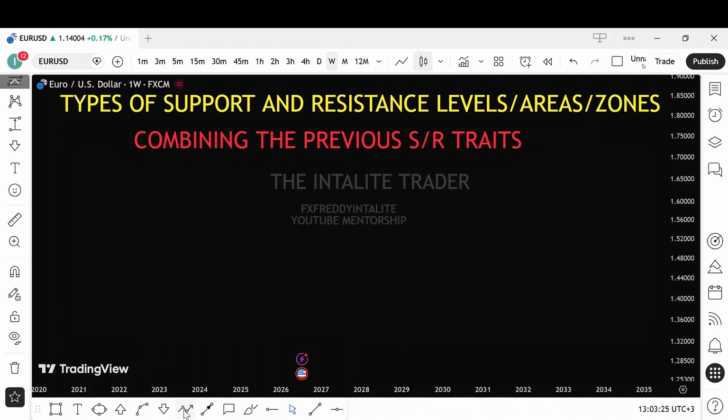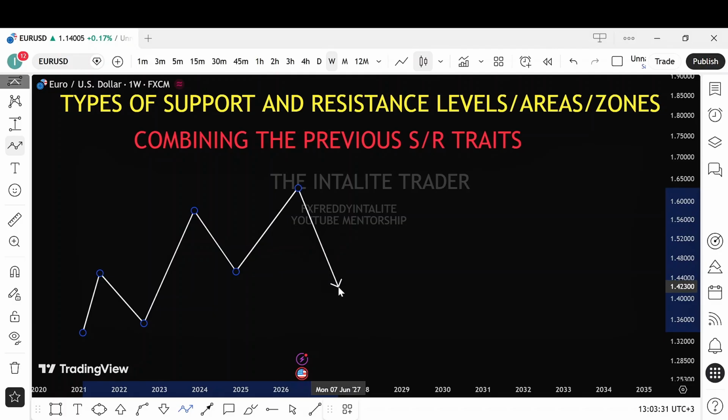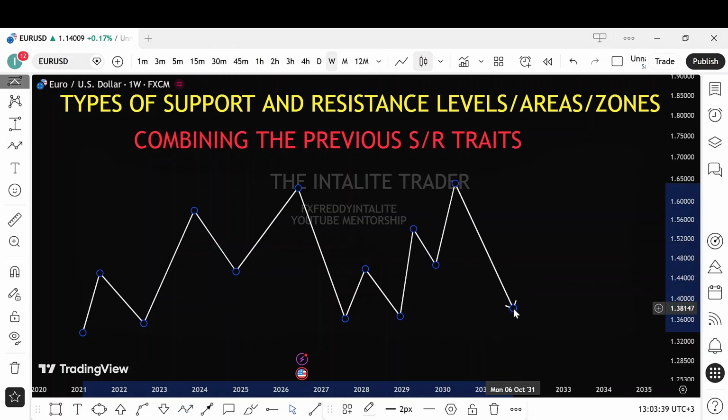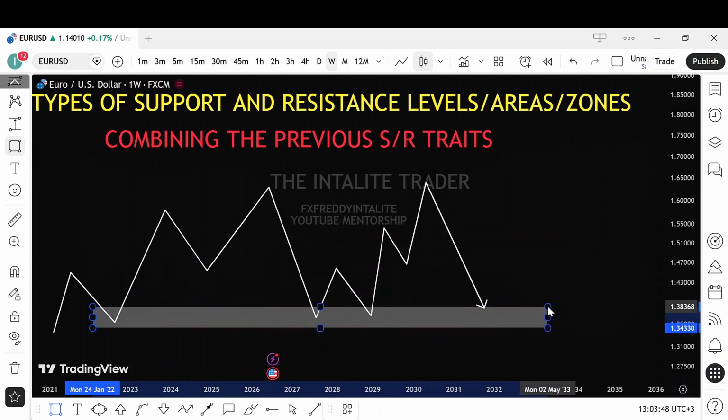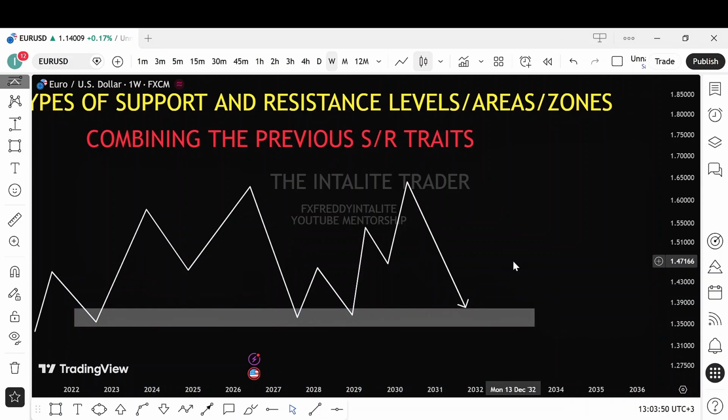So let's say, for example, you have price doing this, having these levels, and right now you are analyzing the market, it is coming to such a level. This is where the market is coming to.